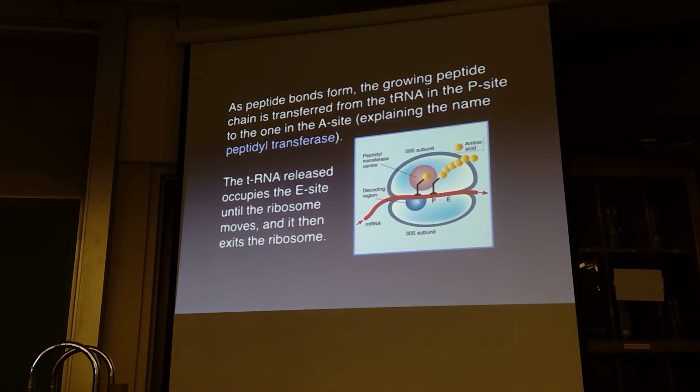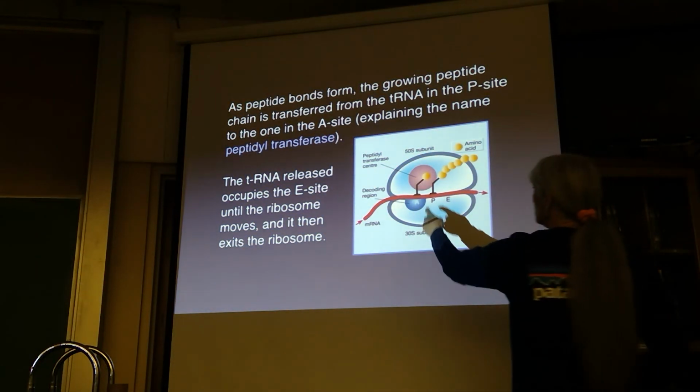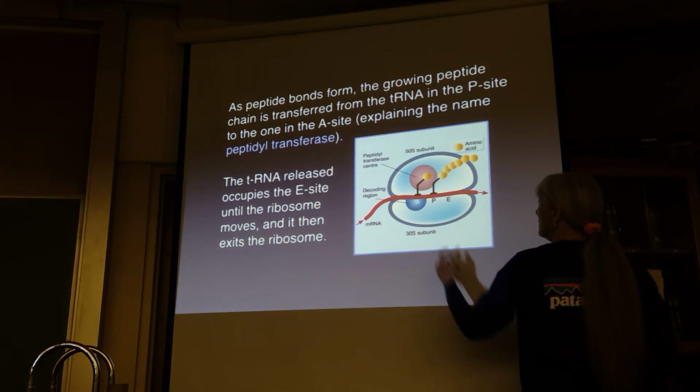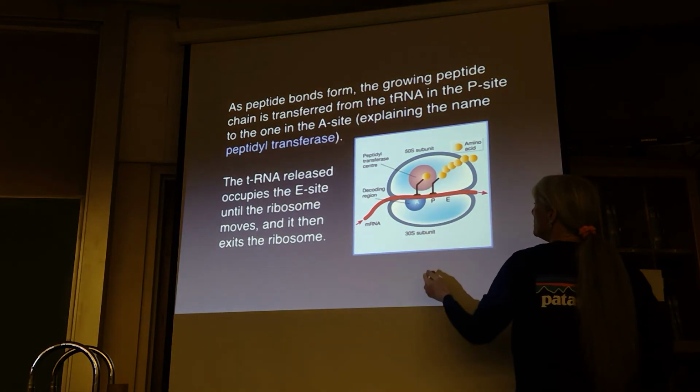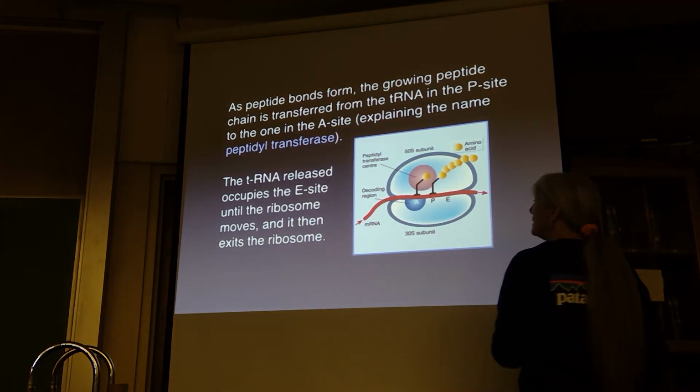Again, lots of different versions showing this process. These things are coming in. They come in, transfer RNA now looking like a stick. Each transfer RNA brings in one amino acid, and then this chain gets transferred onto that one. That's what the enzyme does.